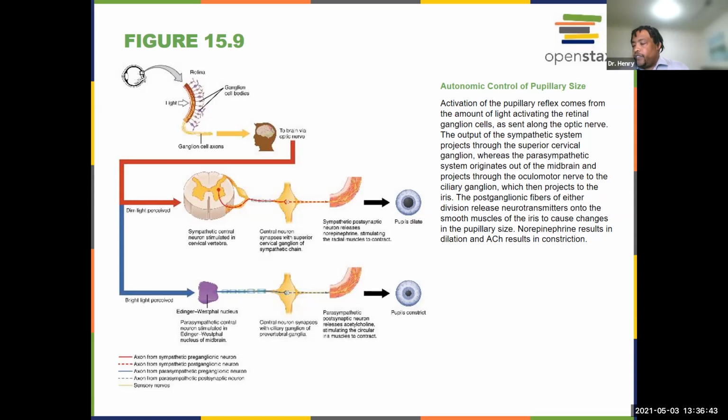So you're going to have some neurotransmitters being released for the sympathetic division, and then part of it is going to be neurotransmitters for the parasympathetic. Both of those are going to be released, and so you're going to have a nice balance going on to control it.